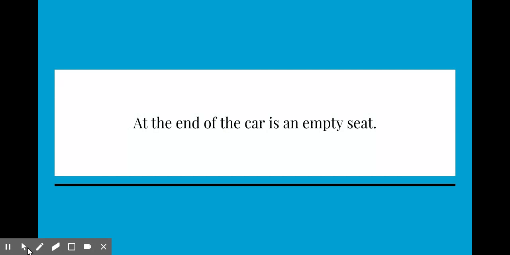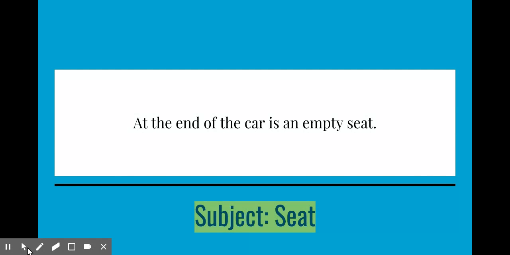At the end of the car is an empty seat. Write the sentence. See if you can identify the subject of the sentence. Go ahead and pause. Okay, so what is the subject of the sentence? The subject is seat, because when I invert that sentence, it actually says an empty seat is at the end of the car.